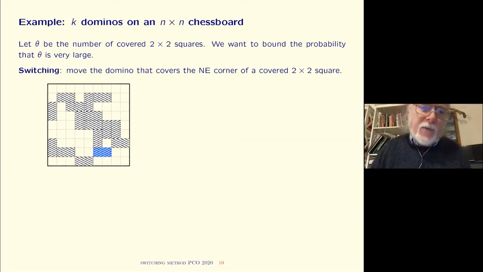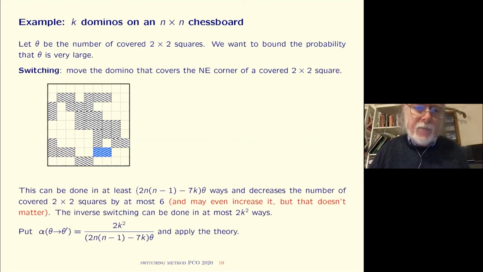So what happens when you apply the theory to this problem? Well, the number of ways of performing the switching is at most this expression here, 2n(n minus 1) minus 7k, times theta. So there's theta ways of choosing the 2 by 2. Theta is the number of covered 2 by 2 squares.